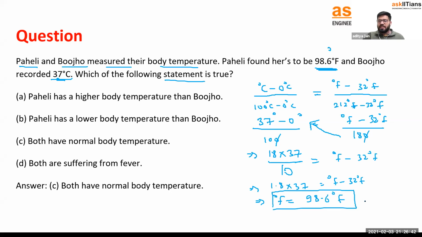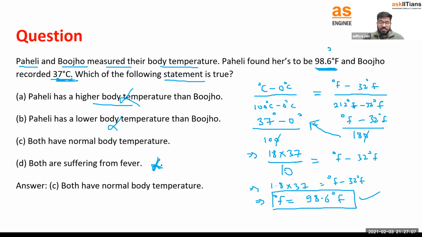So this is the basic way you can do the interconversion. 37 degrees Celsius is the same as 98.6 degrees Fahrenheit. Now you can easily find the answer. Does Paheli have a higher body temperature? No. Lower body temperature? No. Normal body temperature? Yes. Normal body temperature is 37 degrees centigrade. Are both suffering from fever?